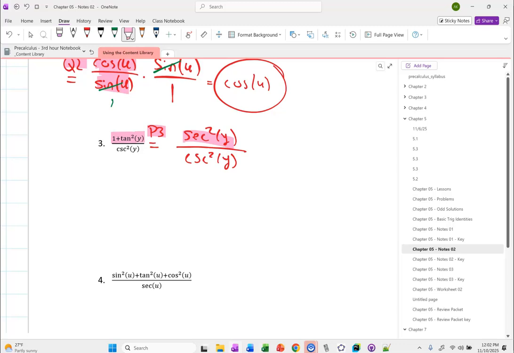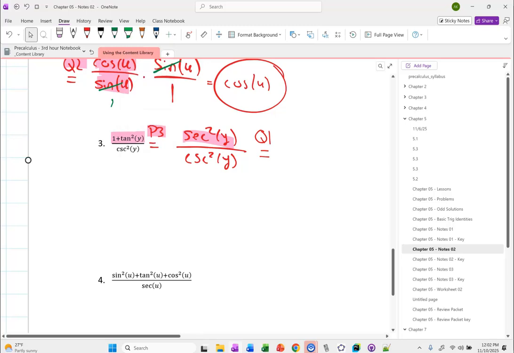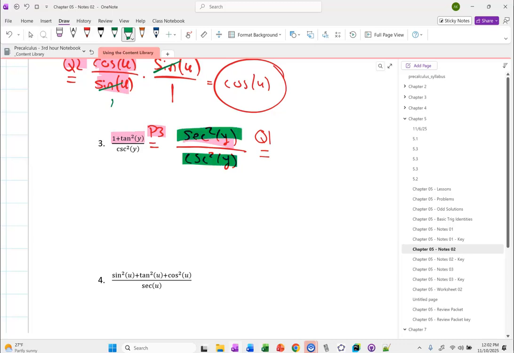Notice that quotient 1 has two versions, right? The second one says secant over cosecant is tangent. But we have squareds here. Does that make a difference? It's going to make it tan squared, but we can still use it.